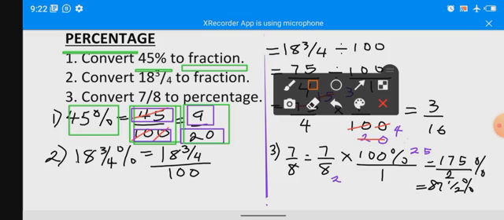Now we are dividing 18 3 over 4 by 100. 3 over 4 is a fraction, so a fraction on a denominator might be quite challenging for many pupils. So I want you to do it this way. After writing it in this manner, you now rewrite it as it is here.